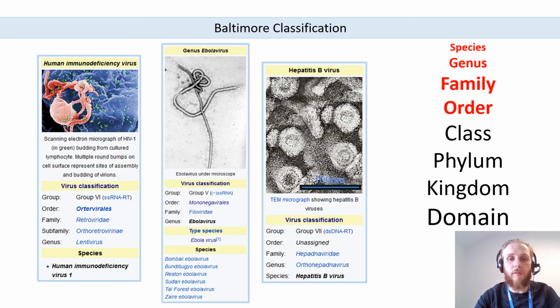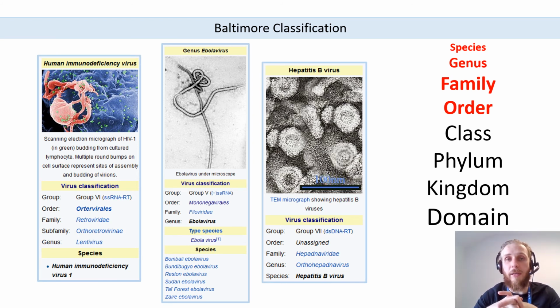Okay, so we talked about if we look up viruses on, just for example, Wikipedia, because this is what people do if they first want to learn some information about a virus. The first place to go is usually Wikipedia, and if we do that, we can see the attempts to classify these viruses phylogenetically. We can see how it goes up to family and sometimes order. So we have an order for HIV and Ebola virus, but for HBV, it's unassigned. And an interesting point here is we're talking about quite important viruses sometimes.